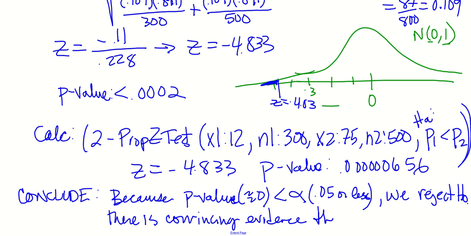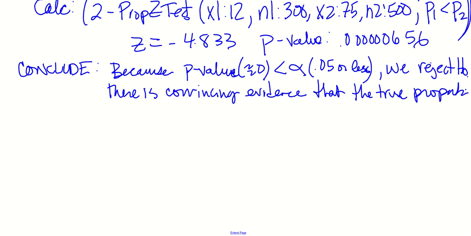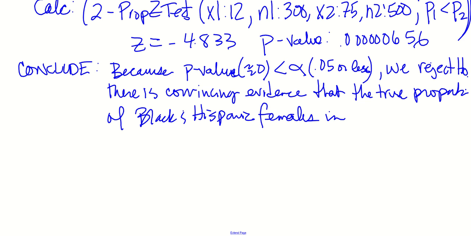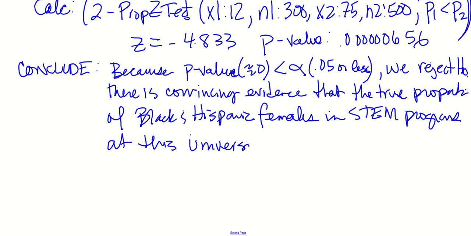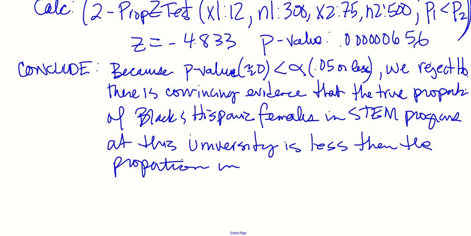So there is convincing evidence that the true proportion of females, specifically of Black and Hispanic females in STEM programs at this university is less than the proportion in non-STEM programs.